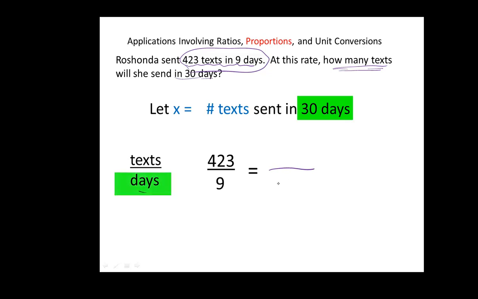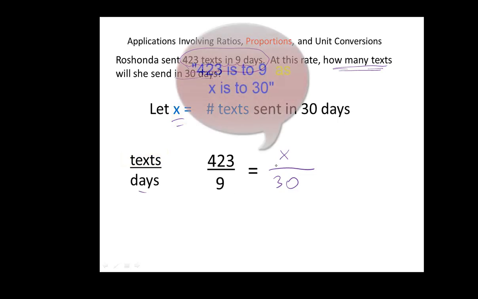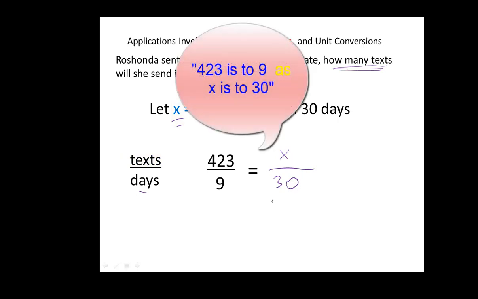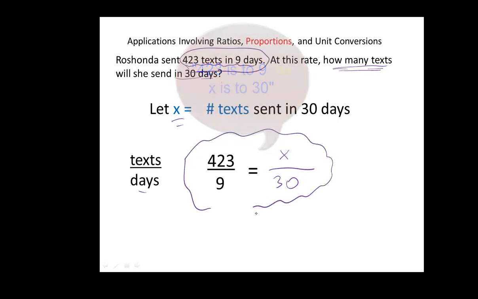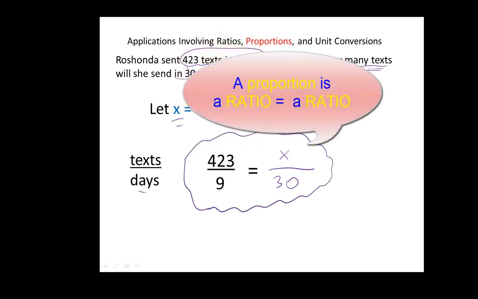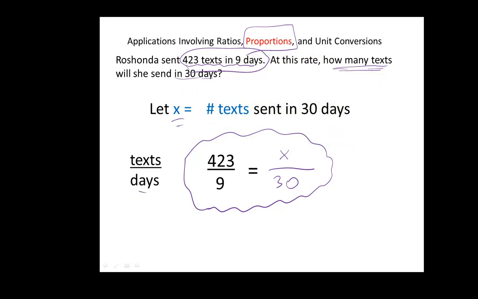That's going to go on the bottom here. And how many texts in 30 days? Well, that's what we're looking for. That's our x. So we have set up that 423 is to 9 as x is to 30. And this is a proportion. When you set up a ratio equal to a ratio, this is what's known as a proportion, or you could say a fraction equal to a fraction. We're now going to solve for x.